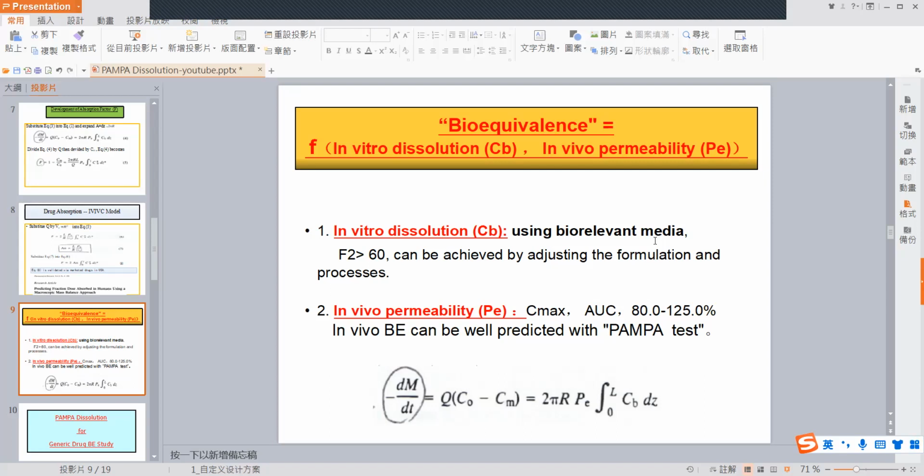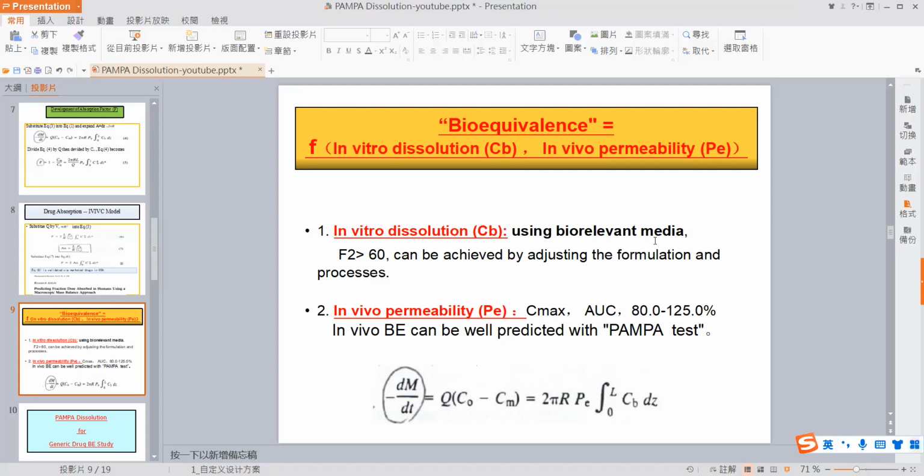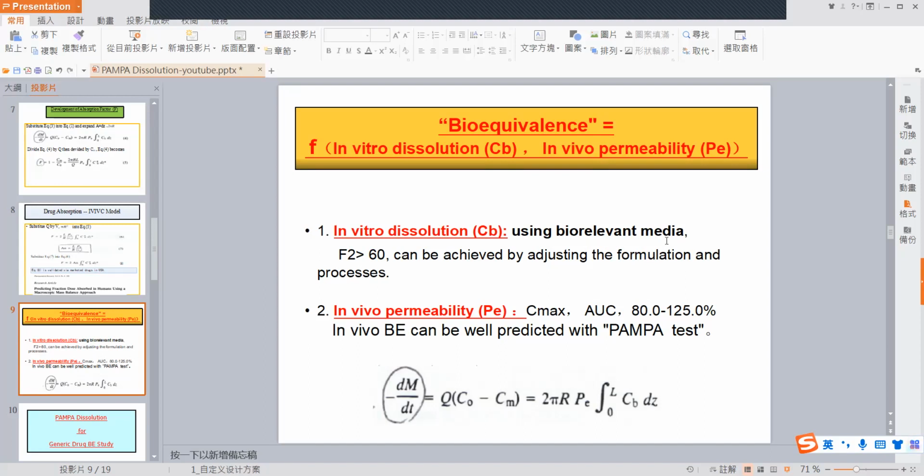The buffers are just for the purpose of FDA review, and really just a tool for QC release. So by using such bioequivalent media, scientists in the laboratory can easily understand how that CB was really affected, right?